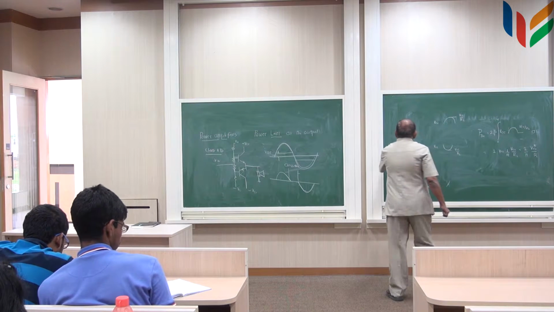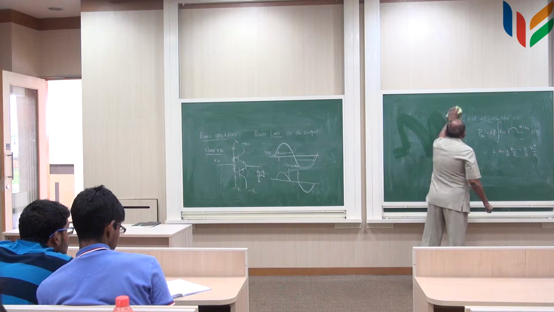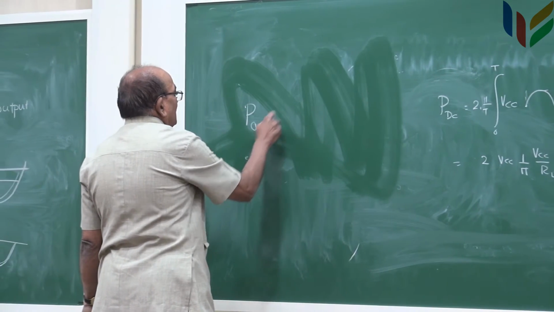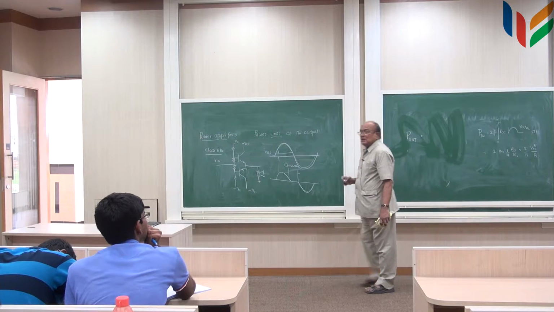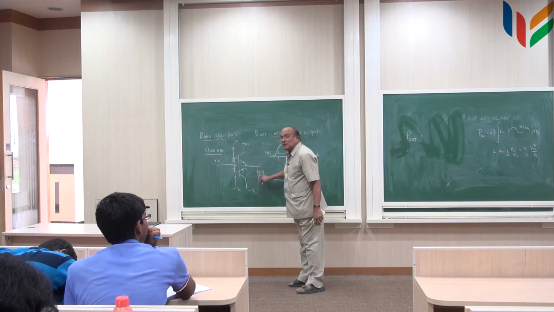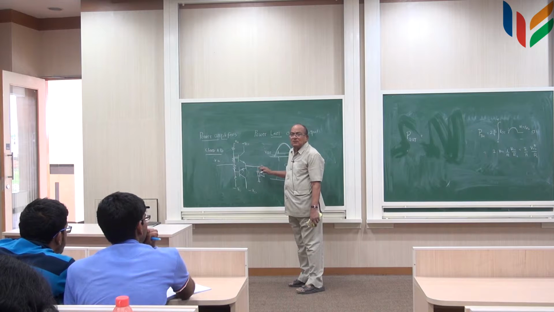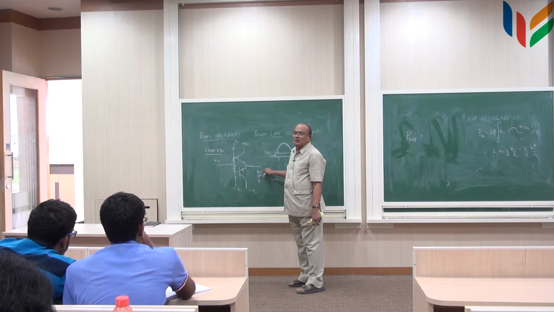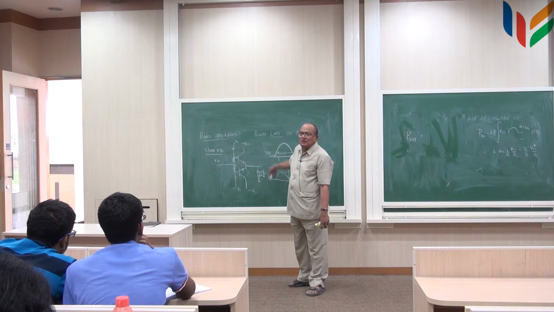Now, let us see what is the power output on the load, Pout. What is the voltage across this? It is a full sine wave. And what is the amplitude of the sine wave at this point? VCC and minus VCC.